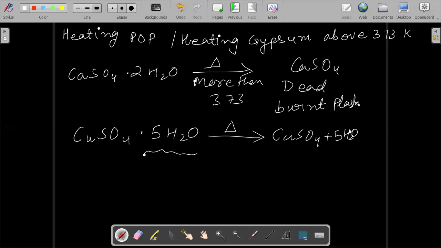See, this is blue vitriol. It is blue in color. If you heat this, you will get copper sulfate, which is white in color.